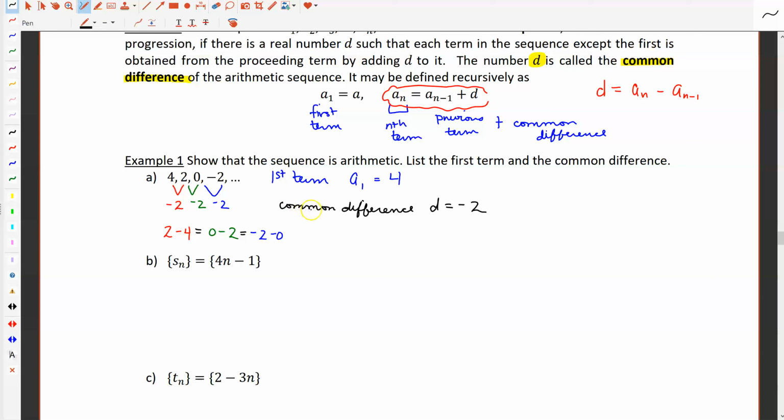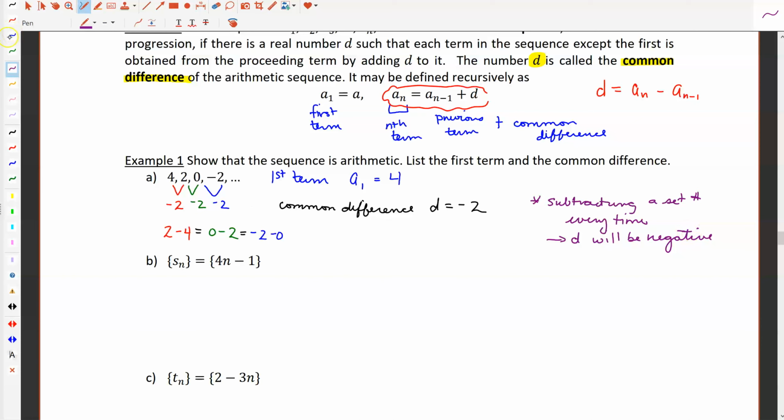That's why we refer to the common difference as being negative 2, because that's what I'm adding every time. So as another way of phrasing that, if you are subtracting a set number every time, your common difference will be negative. Right? That's how we're going to handle the subtraction.